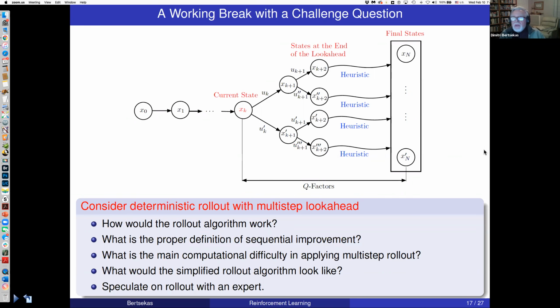Okay, any other comments about multi-step look ahead? So on the last part on rollout with an expert, the heuristic, it's independent of the expert, right?